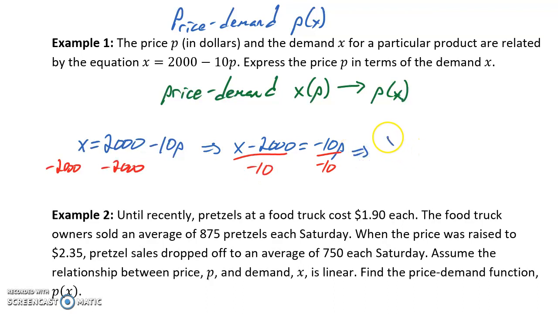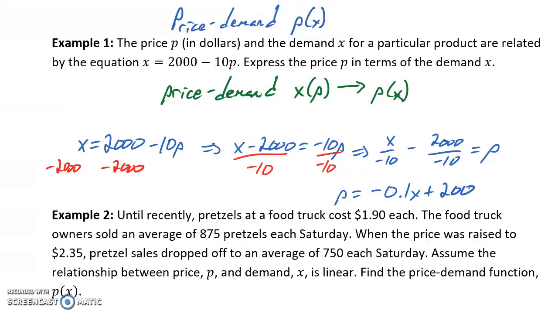To give us X over negative 10 minus 2,000 over negative 10 is equal to just P by itself. And then we can just reduce to say that P is equal to, or P of X is equal to X divided by negative 10 is going to give us negative 0.1X. And then negative 2,000 divided by negative 10 will give us positive 200.